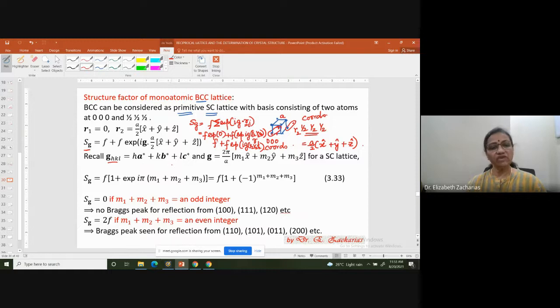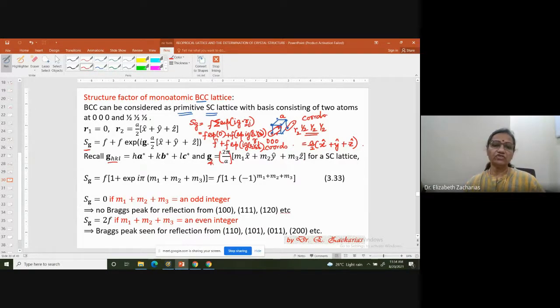We are now assuming that this is a simple cubic lattice. Your BCC can be treated as a simple cubic lattice. And you know that for a simple cubic lattice, G will be 2 pi by A into M1 x plus M2 y plus M3 z. This you go back and see.